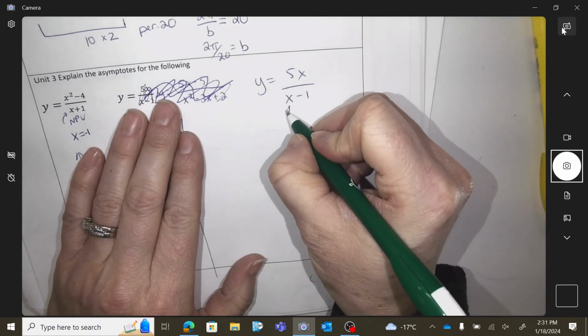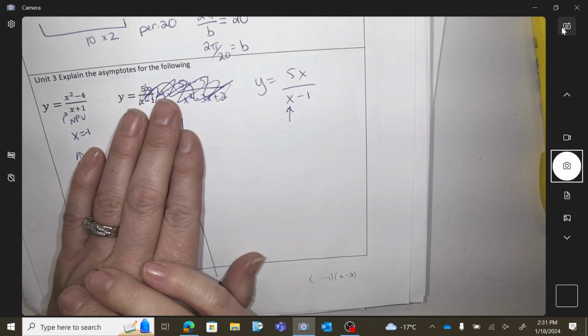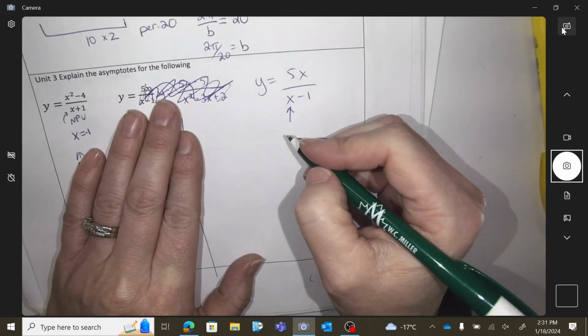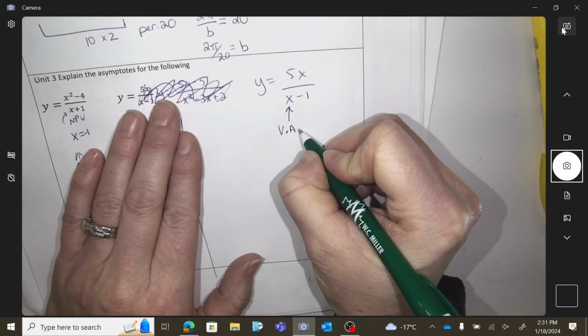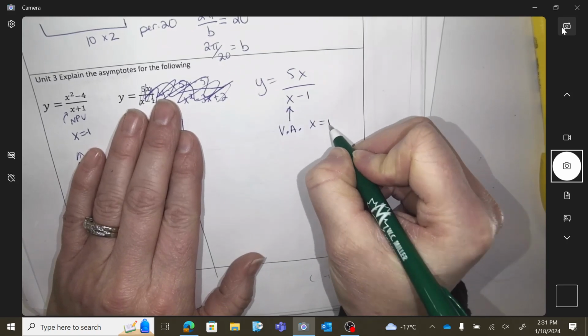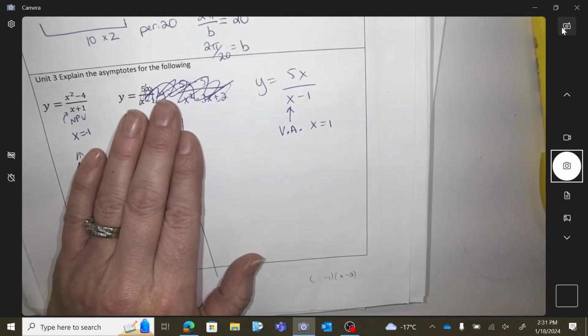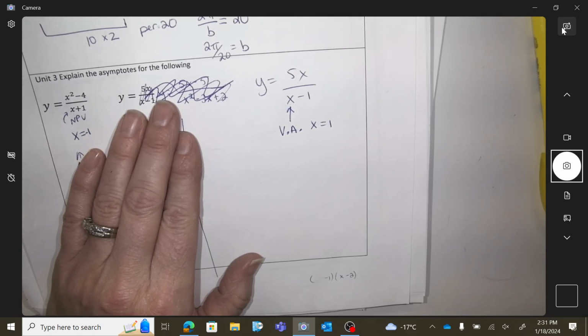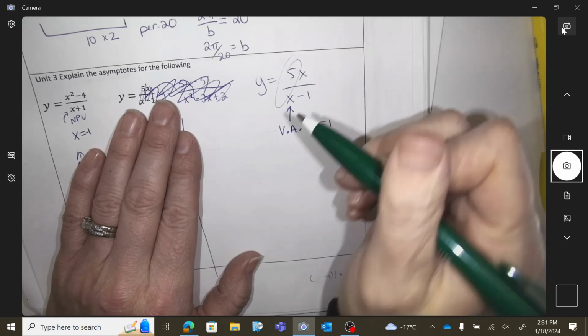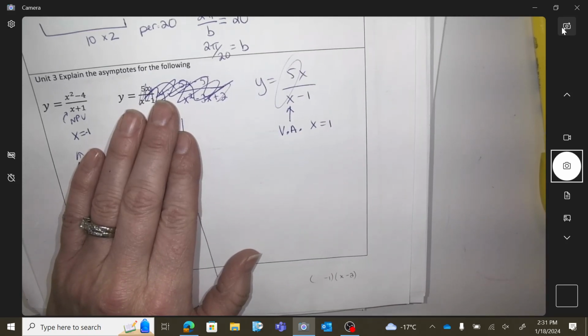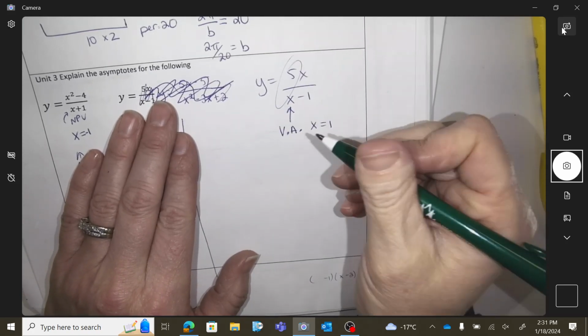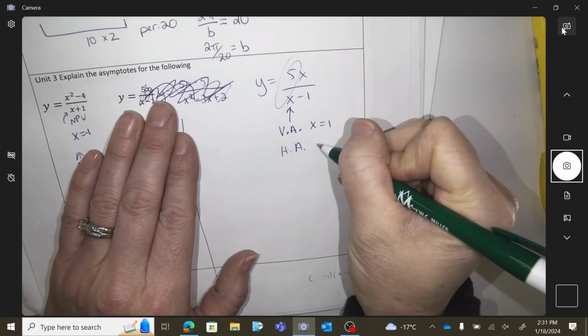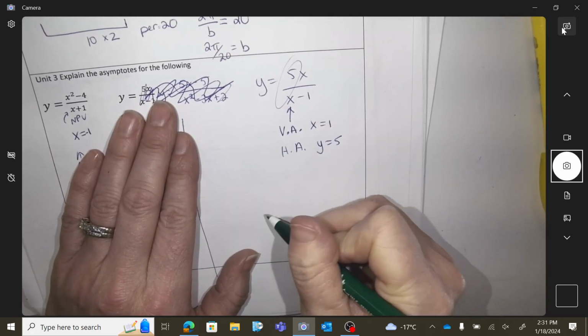What do you know with x? You would have a vertical asymptote at 1. Then what do you know about the degree situation? It's the same. So what do you do when they're the same? You divide the coefficients. So 5x divided by 1x, that kind of idea, is a horizontal asymptote at 5.